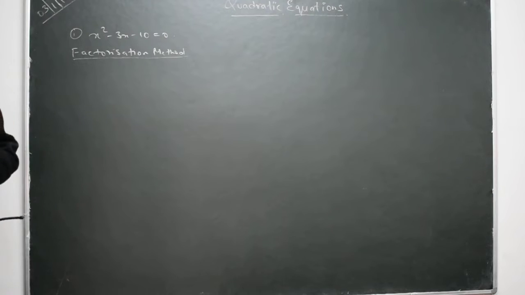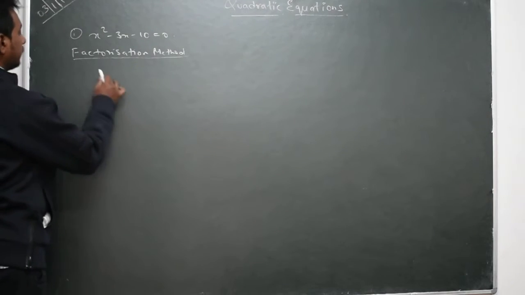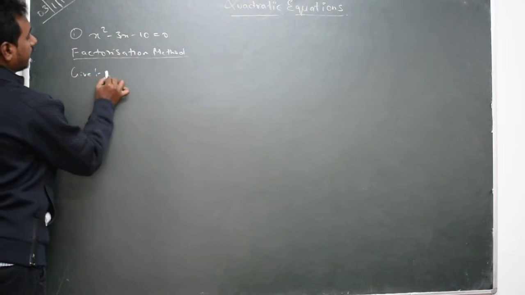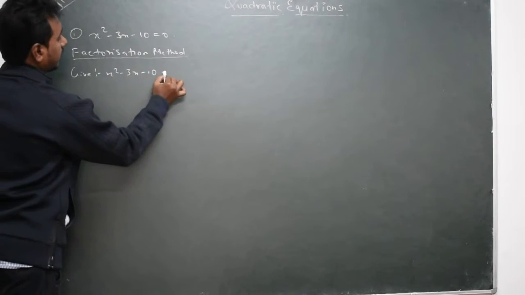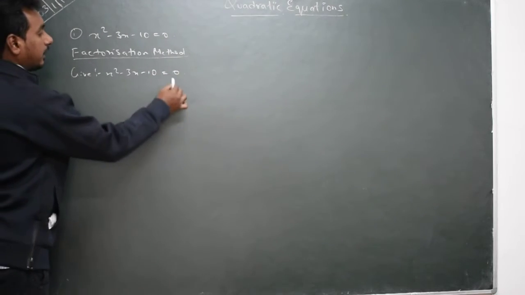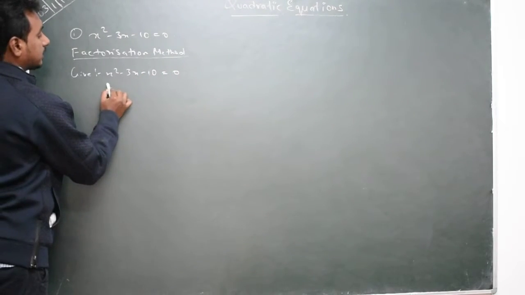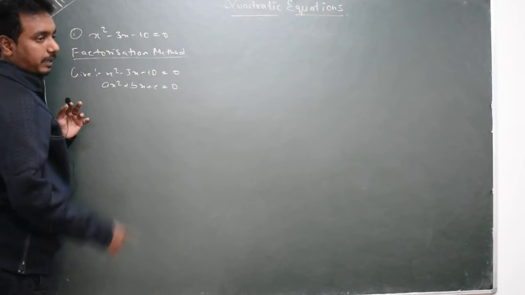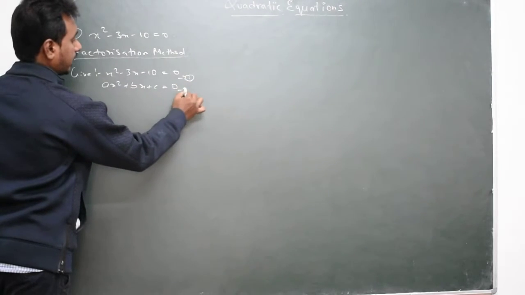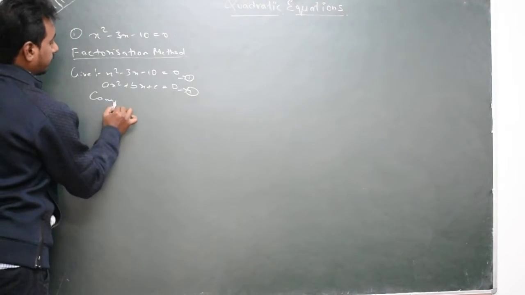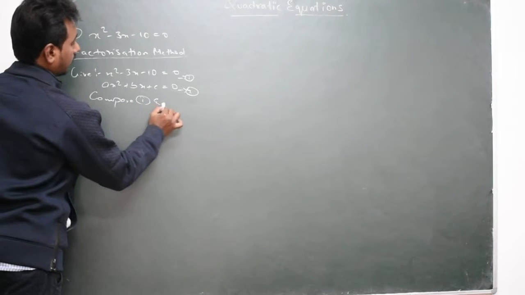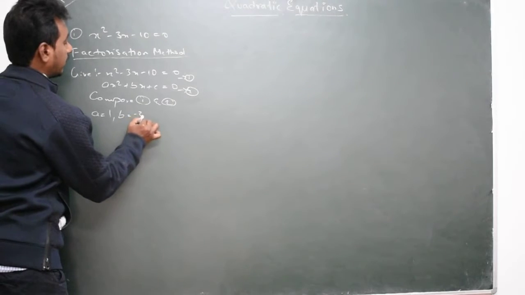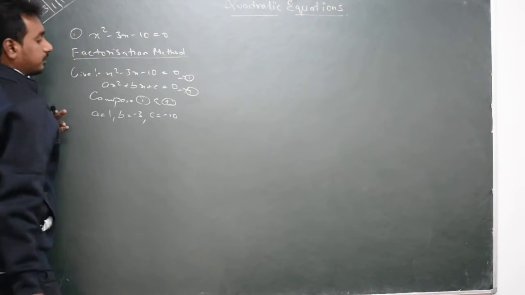How do you do this? The given equation is x square minus 3x minus 10 equal to 0. Compare it with ax square plus bx plus c equal to 0. What is the a value? 1. What is the b value? Minus 3. What is the c value? Minus 10.